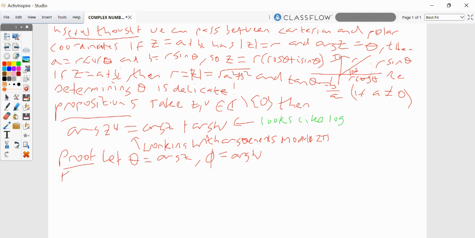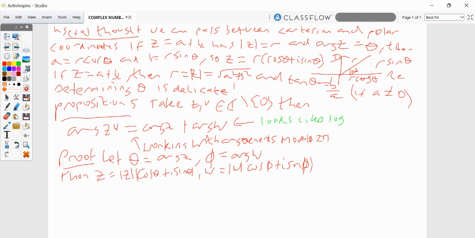such that then we can write z as the modulus of z times cos theta plus i sine theta, and we can write w as the modulus of w times cos phi plus i sine phi.